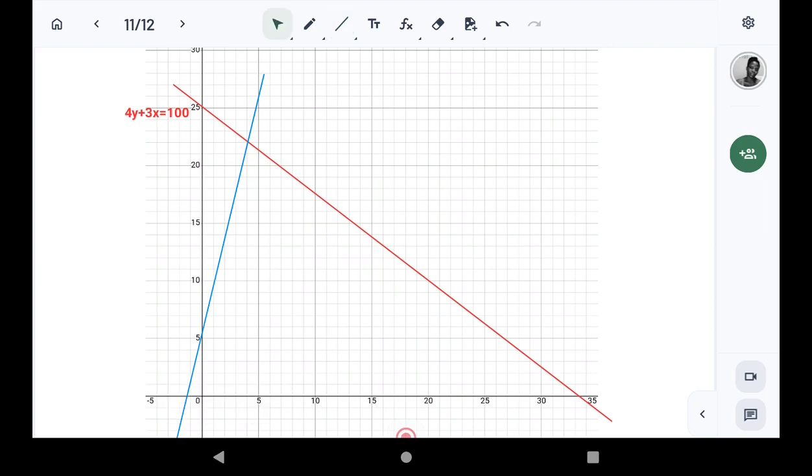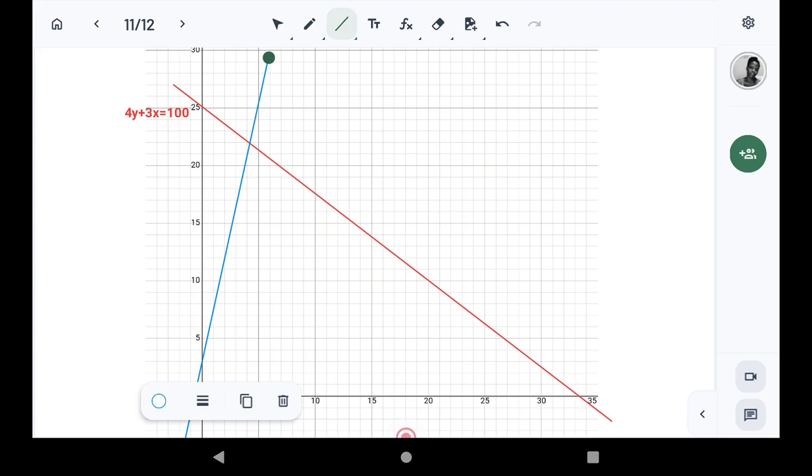Okay, so basically all we need to do is manipulate this.